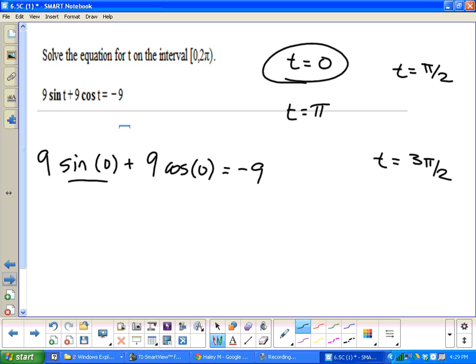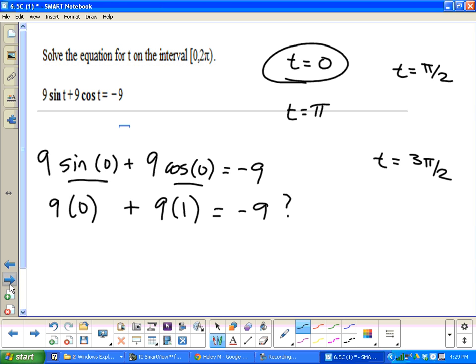What's the sine of 0? That would just be 0. So we're going to get 9 times 0, which is just 0. Now, plus 9 times the cosine of 0. Cosine of 0 would be 1. So we'll get 9 times 1 there. And this is supposed to equal negative 9.